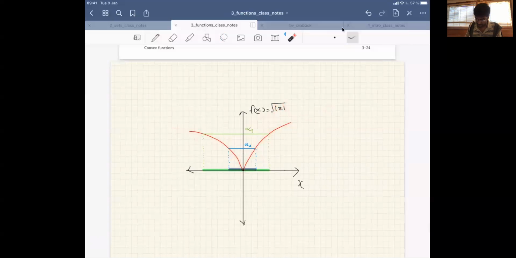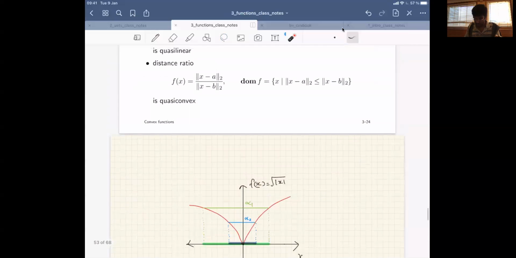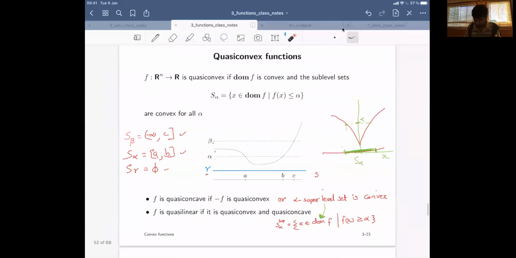So if you consider any alpha here, for example alpha 2, which will have a sublevel set this guy, alpha 1, which will have a sublevel set this guy. So if you take any alpha, you will get a sublevel set which is convex. So this function is a quasi-convex function. That's the beauty of this function. Such a function we can actually minimize by some means. Okay.